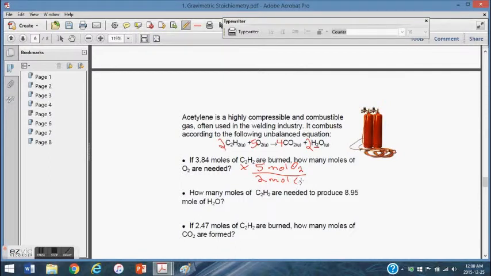See, balancing the equation is very important. If you can't balance the equation properly, your answer here is going to be wrong. We do the multiplication there, 3.84 moles of C2H2, times 5 divided by 2. And this is equal to 9.6 moles of oxygen.